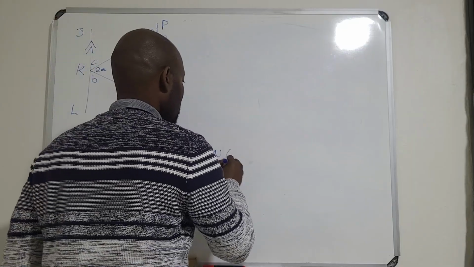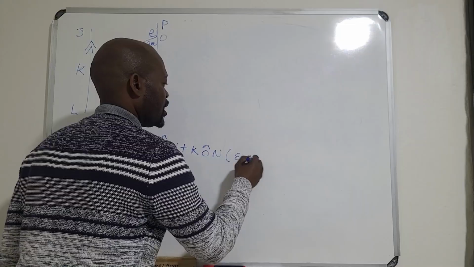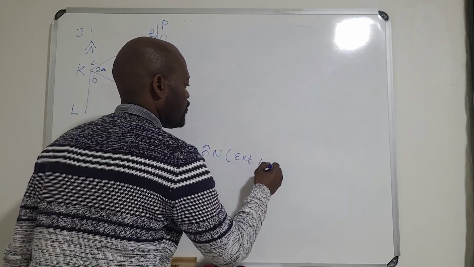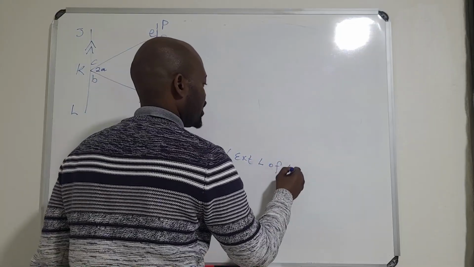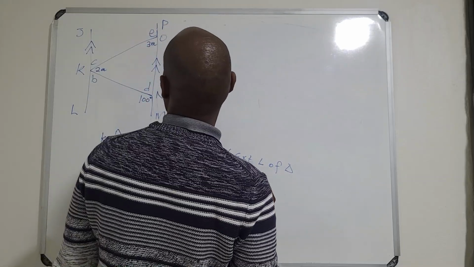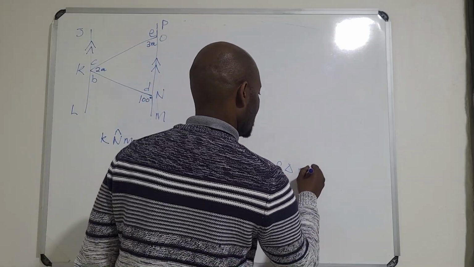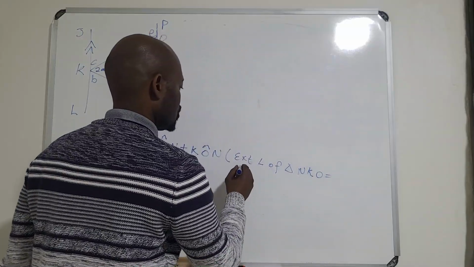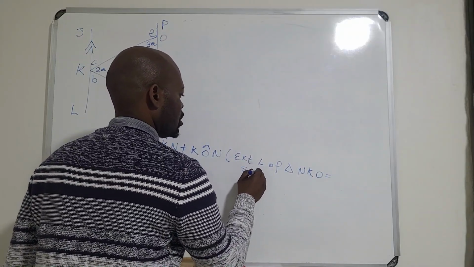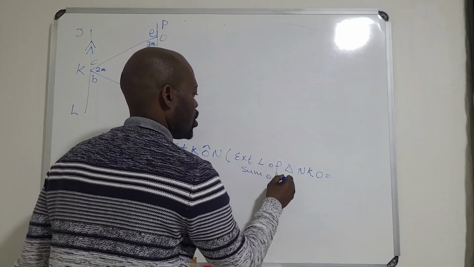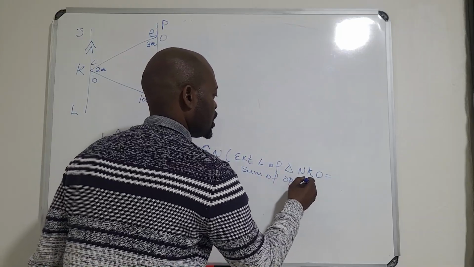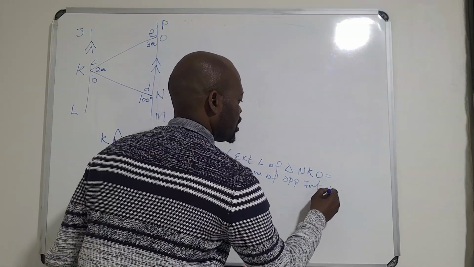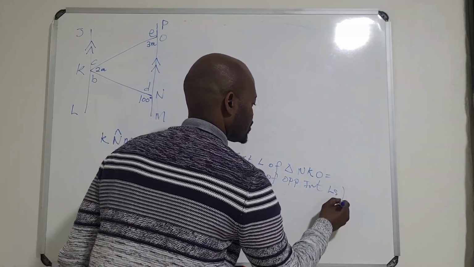Now, the reason we know: exterior angle of triangle NKO is equal to the sum of opposite interior angles.